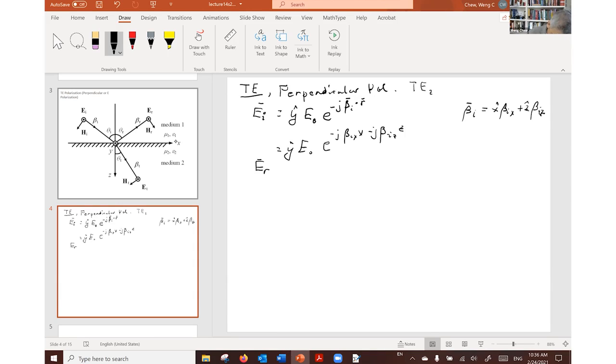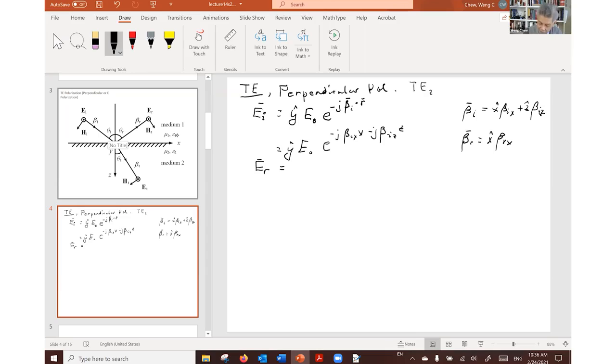And then in region 1, I have a reflected wave as well. That reflected wave has a beta vector that propagates in that direction. So beta R would have a positive Z component, but it will have a negative X component, as you can see from the picture. Okay, it has a negative X component and a negative Z component.